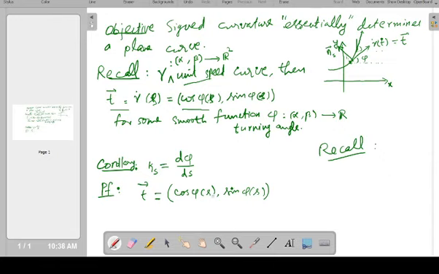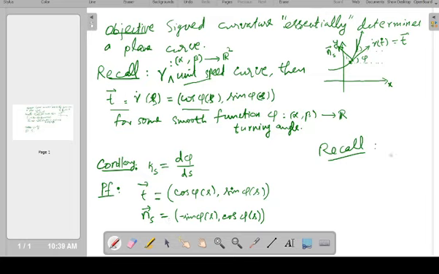So what are the coordinates of Ns? T is this, and Ns is perpendicular to T. To obtain Ns, we interchange these two coordinates and put a minus sign in the first coordinate. So let me interchange to sin phi of s, cos phi of s and put a minus sign in the first place.